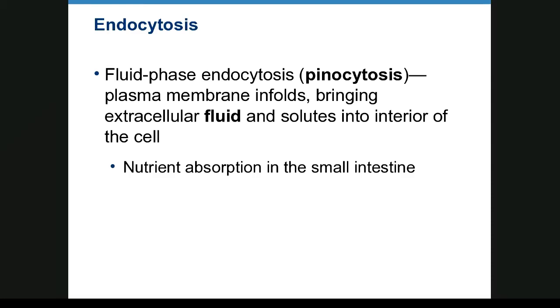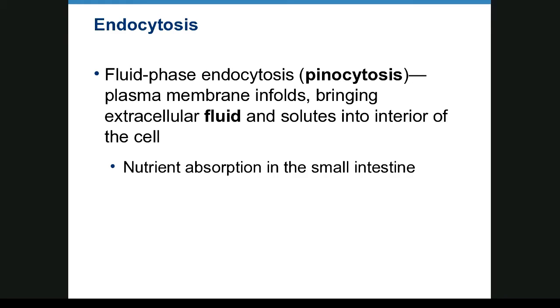Endocytosis in the fluid phase is called pinocytosis. Extracellular fluids are pulled into the interior of the cells. A perfect example is nutrient absorption in the small intestine. Many nutrients, even when we get them down to their smallest form, won't just diffuse across the cell.